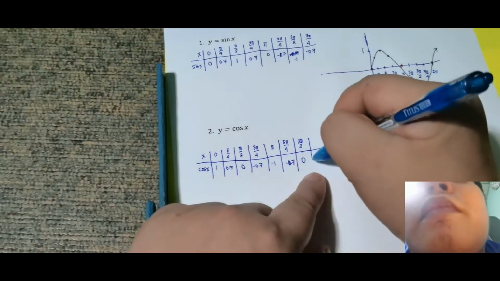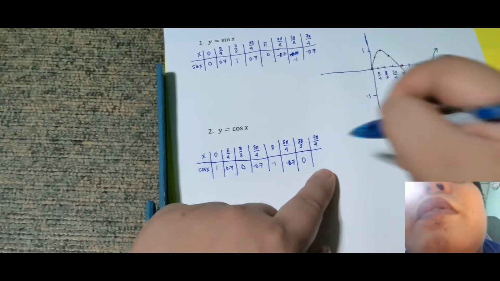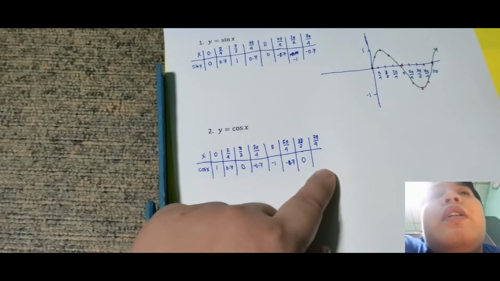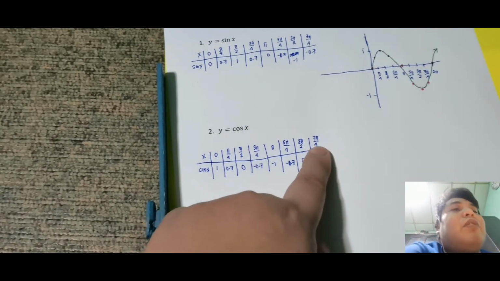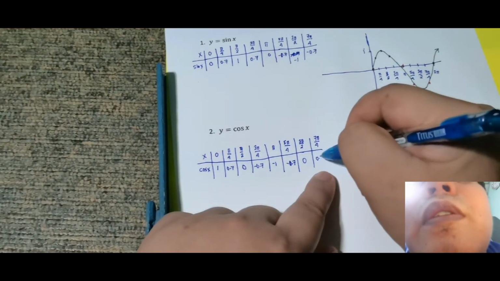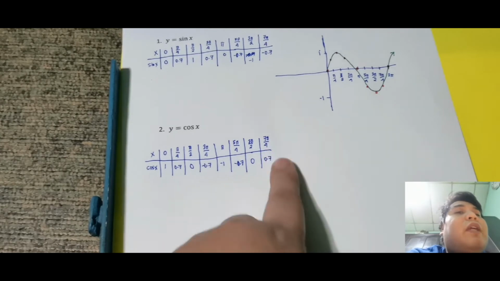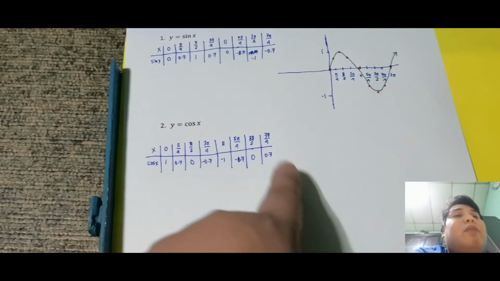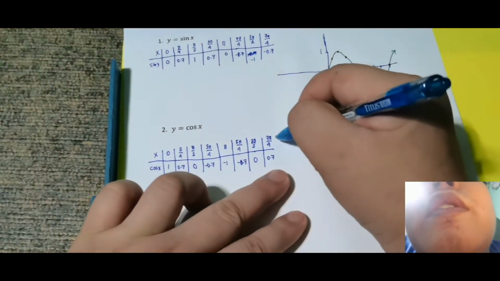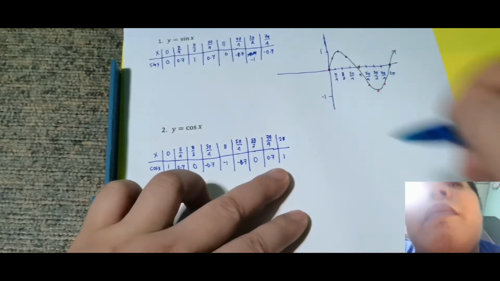Next is 7 pi over 4. Since nasa quadrant 3 na to, ay quadrant 4 na to, 7 pi over 4, that is positive 0.7. Okay, then babalik sa 0 after nun. Cosine 2 pi is 1, babalik sa 1.